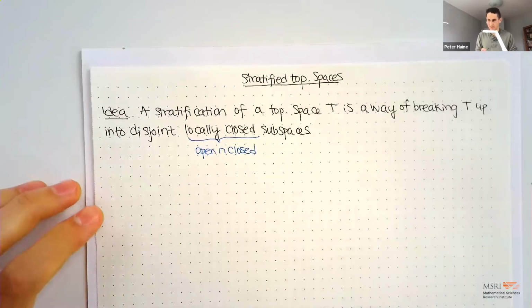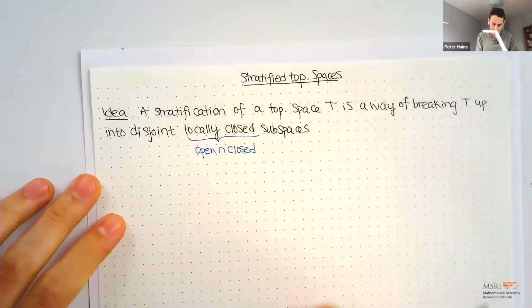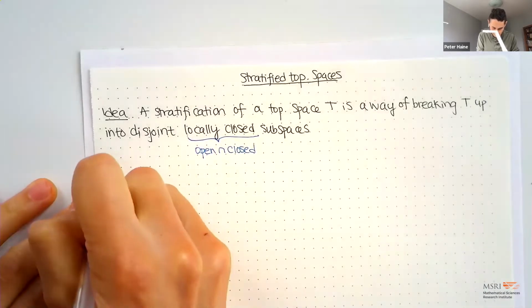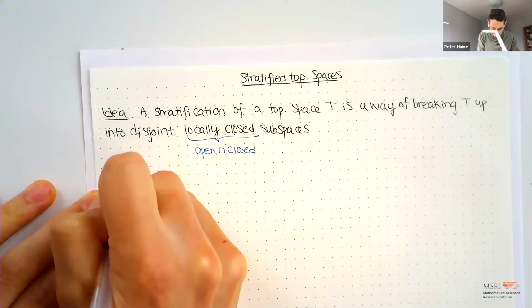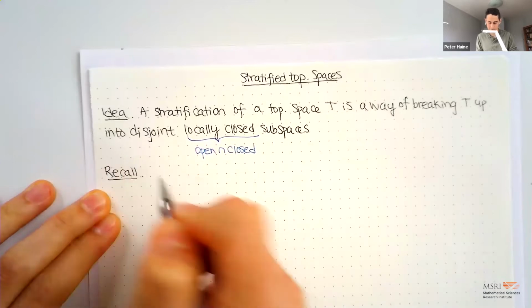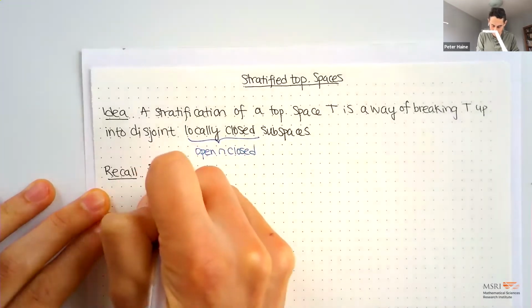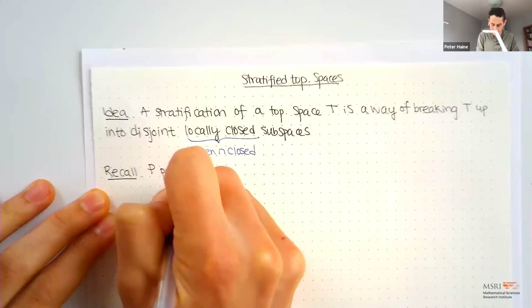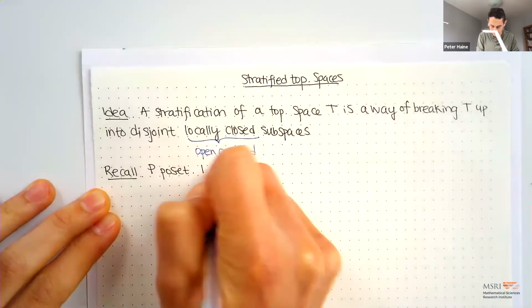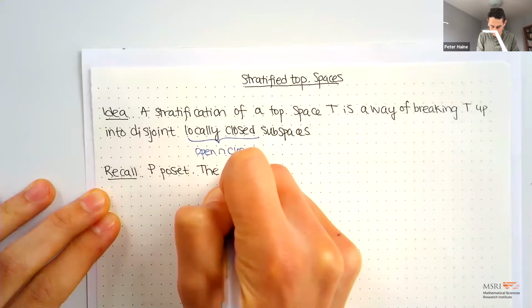But we're going to put all the structure together. So let's recall from the first talk that if P is a poset, then we have this topology on P, the Alexandrov topology.